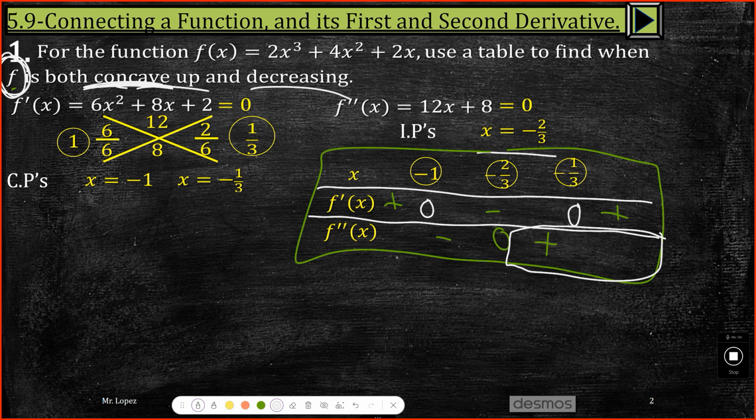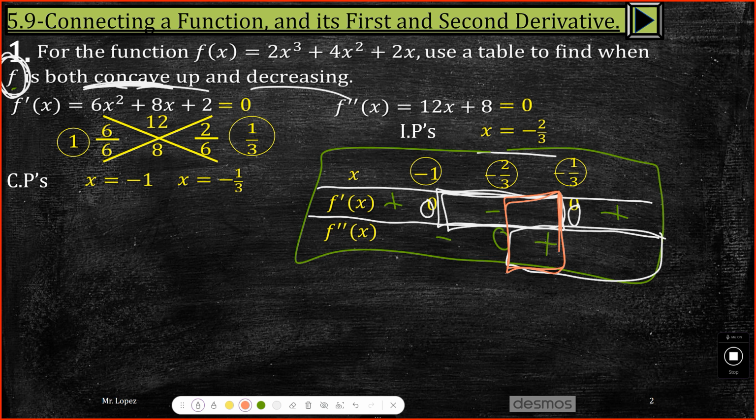Negative. When the first derivative is negative, it's here. And where they overlap would be what we want. So this is where they overlap here. There it is. So negative 2/3 to negative 1/3. So how do we answer now this?